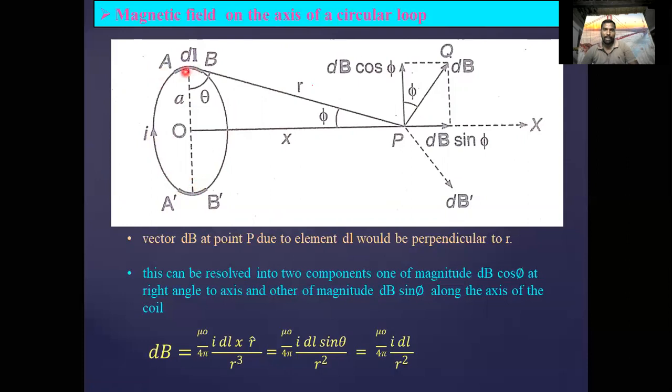Using this AB element, we resolve the two components of magnetic field at point P, that is dB cos phi in a vertical and dB sin phi in a horizontal manner.